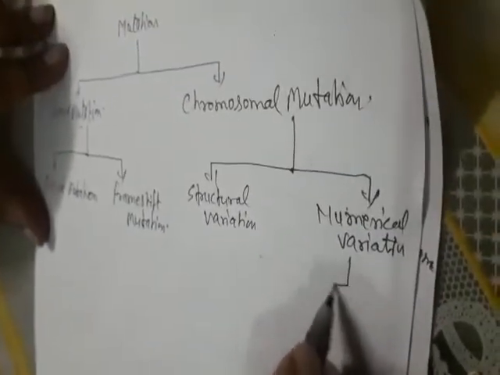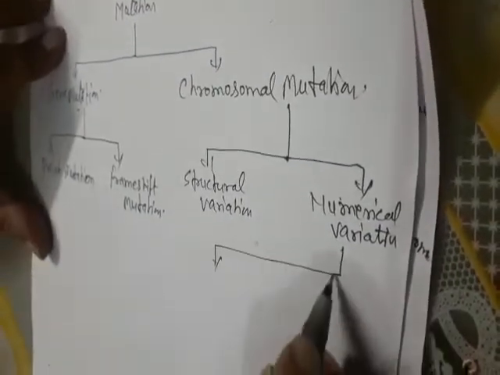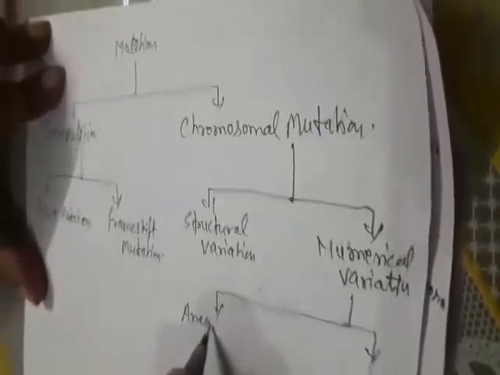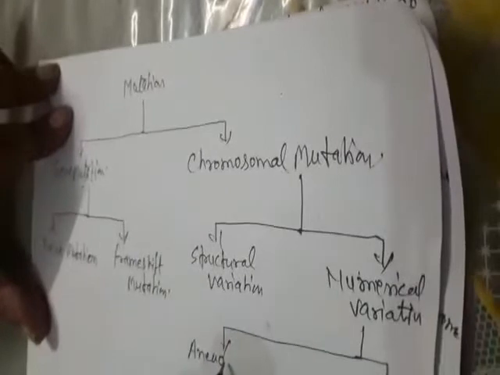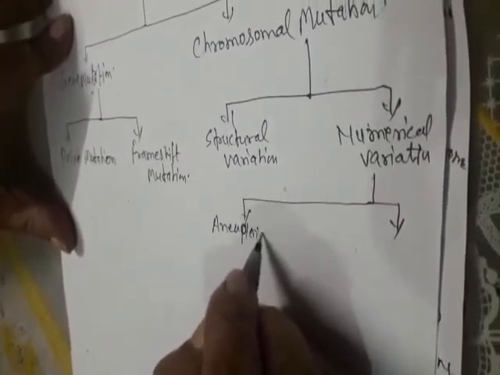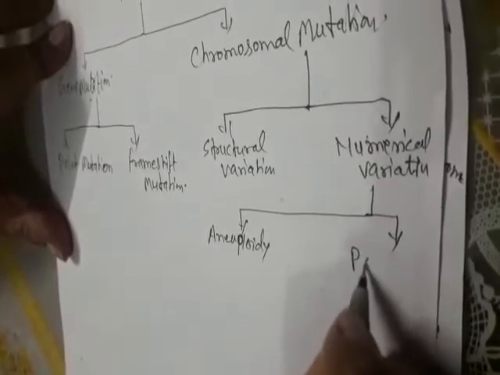Numerical variations are generally of two types: aneuploidy and polyploidy.